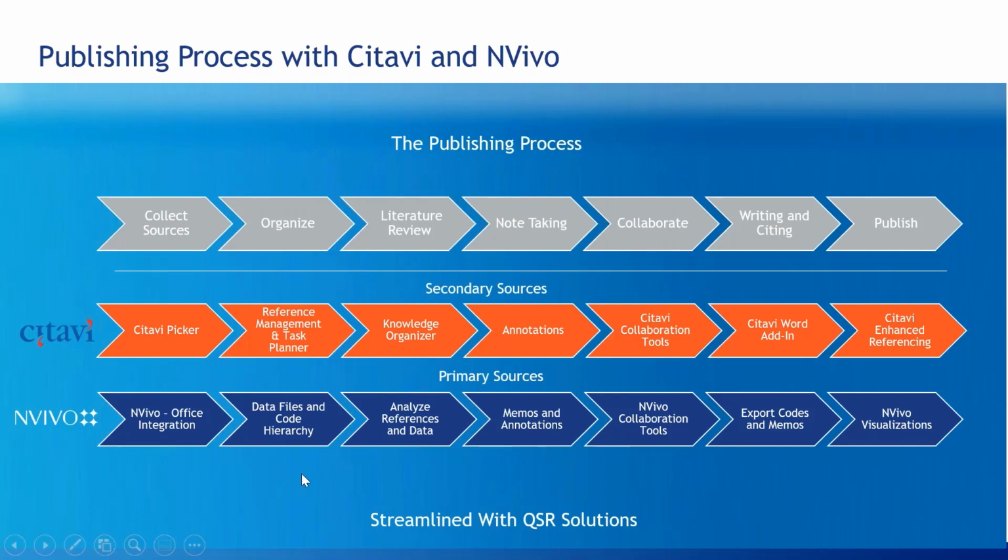If you think of Citavi as helping you with your secondary sources, so the references you're looking up, the articles, Nvivo is helping you with your primary resources. So the data you're collecting, your interviews, focus groups, images, or really anything non-numeric. Both will also help you with your literature review.